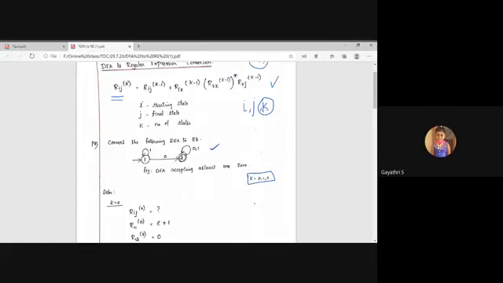If your DFA has 3 states, then the k values are 0, 1, 2, 3. So for this problem, k equals 0, 1, 2.